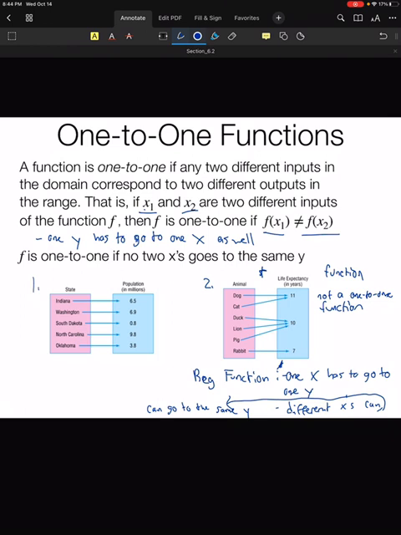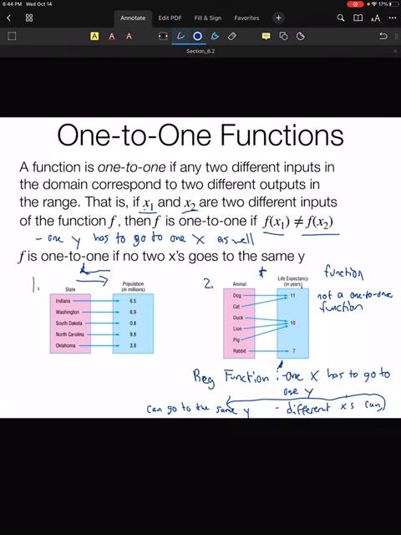Number 2 is a problem because both dog and cat go to 11, so that's not a one-to-one function. But over on the left side, we have an example with a state and its population in millions. You'll see that one x goes to one y, but that relationship also holds if you go backwards.